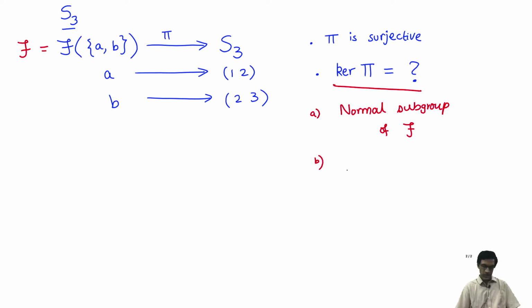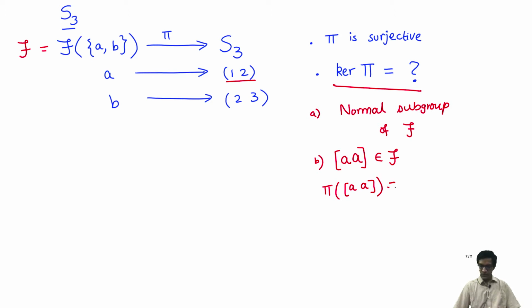Observe that the transposition (1 2) has square identity. So, if I similarly look at the word A occurring twice, and recall that elements of the free group are equivalence classes of words, I look at the word AA, and compute its image under pi.